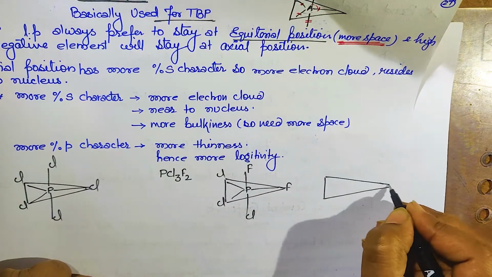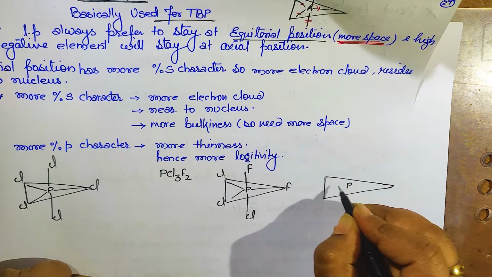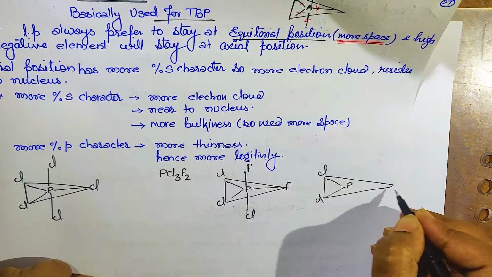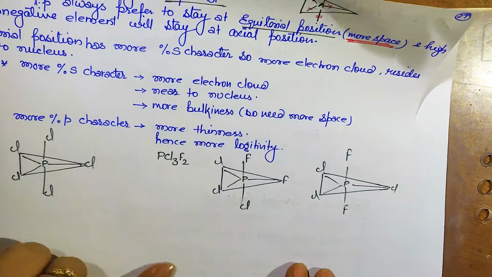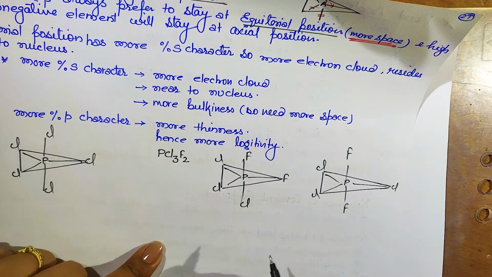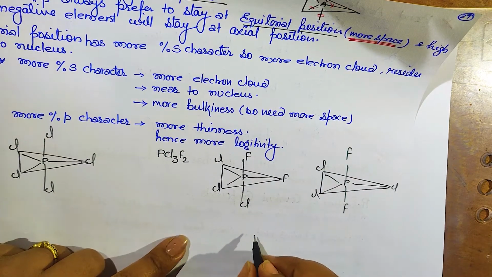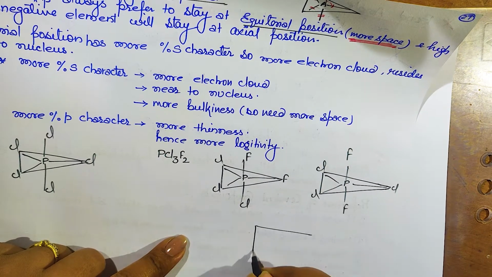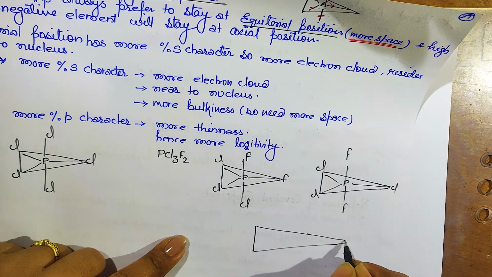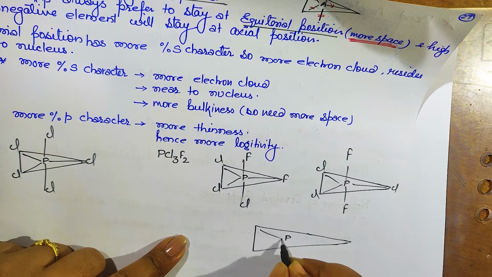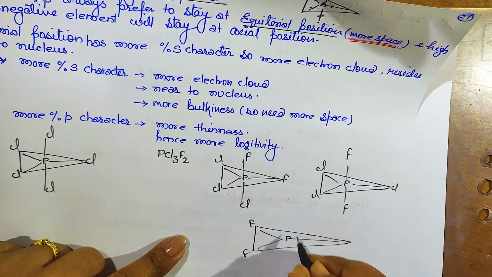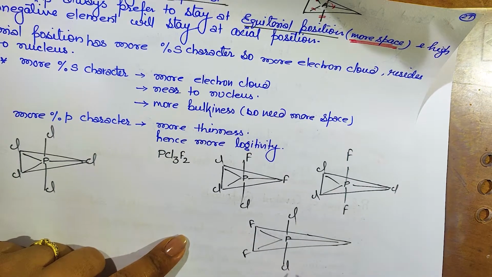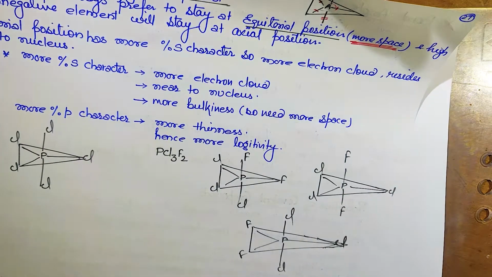I can make P with Cl, Cl, and Cl, and here F and here F. What next can I do? I can make P over here with F, F, and here Cl, Cl, and Cl. Yes, I can make it like that.